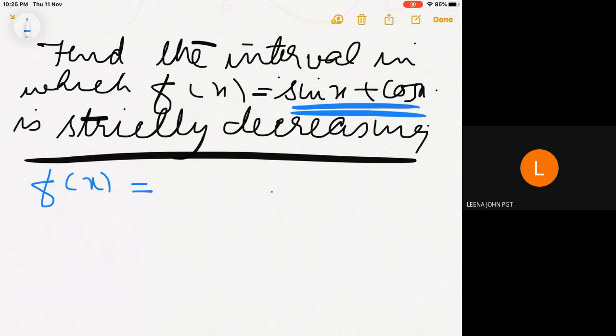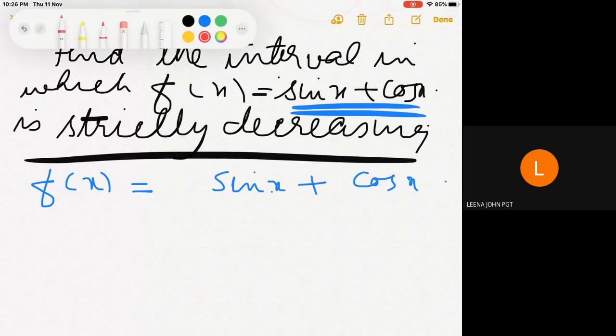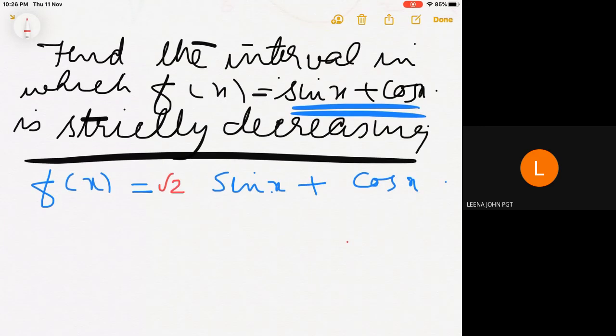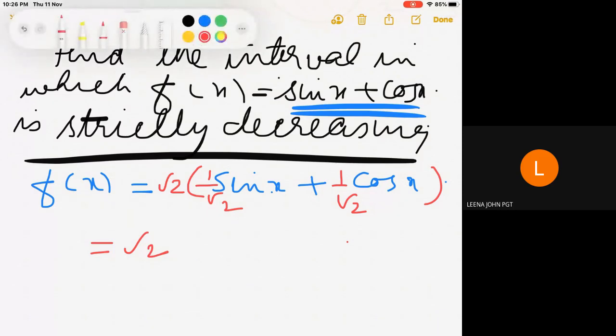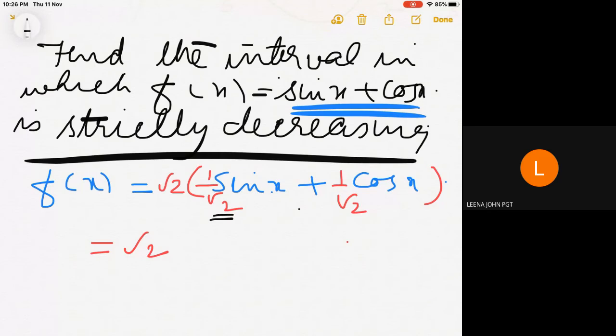What I am going to do, just see here, is convert it to a single function. This is actually a sum of two functions, sine and cos. But I am converting it to a single function of sine or single function of cos. So the procedure is: sine x plus cos x, I am multiplying by root 2, and inside I am dividing by root 2, so that the value does not change. Now I consider this 1 by root 2.